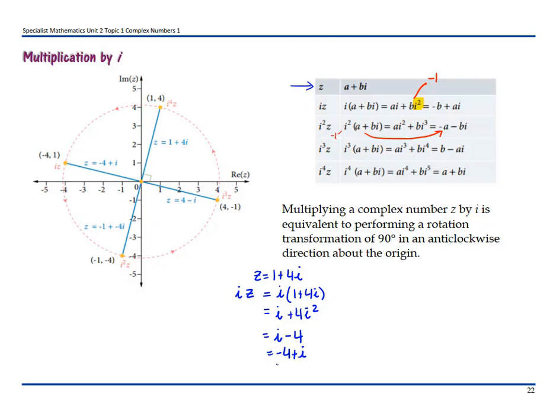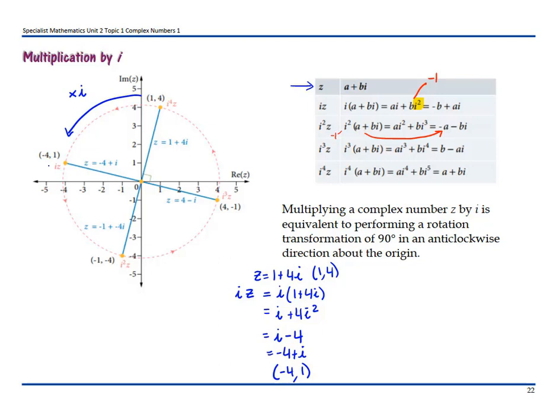So you can see that that's the coordinate -4, 1. I started with the coordinate 1, 4. This is what's represented on this Argand diagram. So you can see that 1, 4, and when I multiplied by i, I ended up at -4, 1.